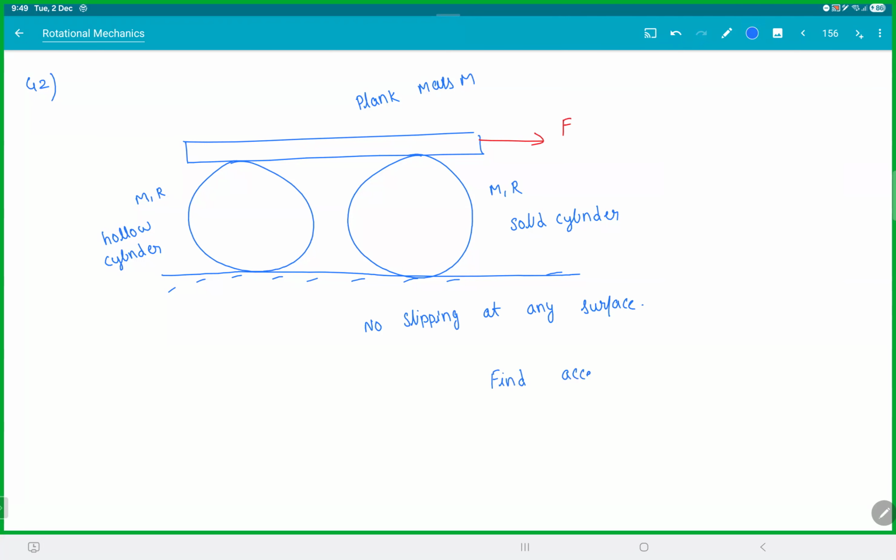Find the acceleration of the plank, and find all frictional forces.